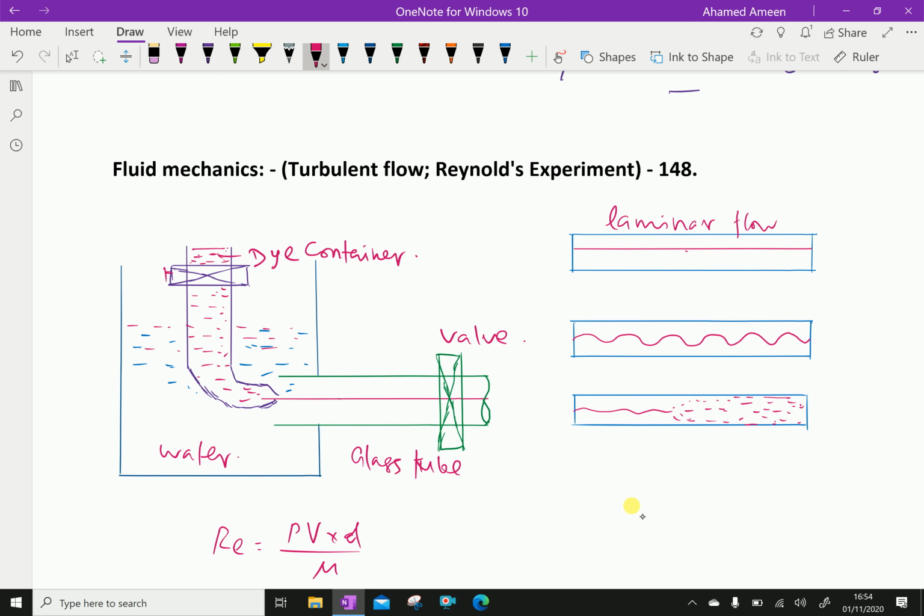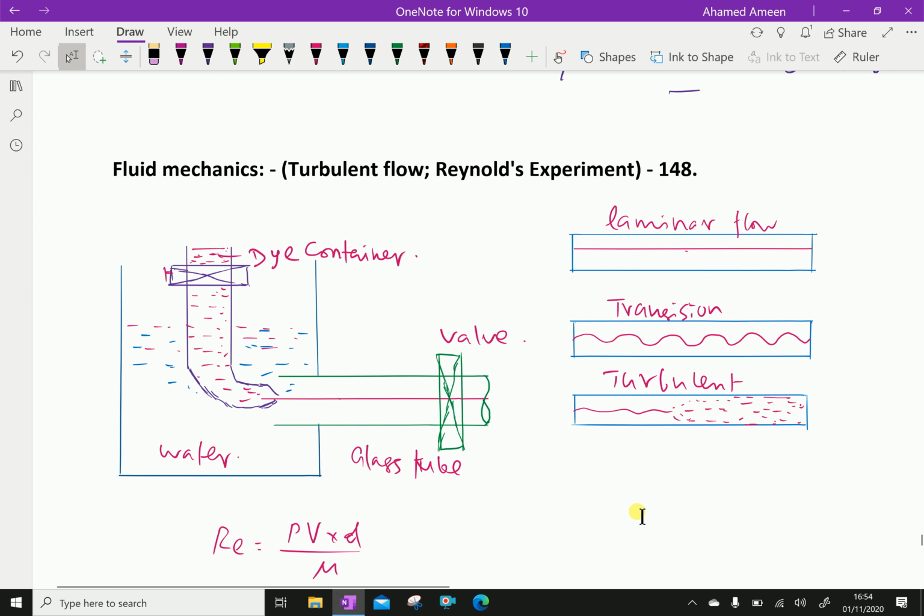This is transition, that is, laminar flow is transitioned. This is turbulent.